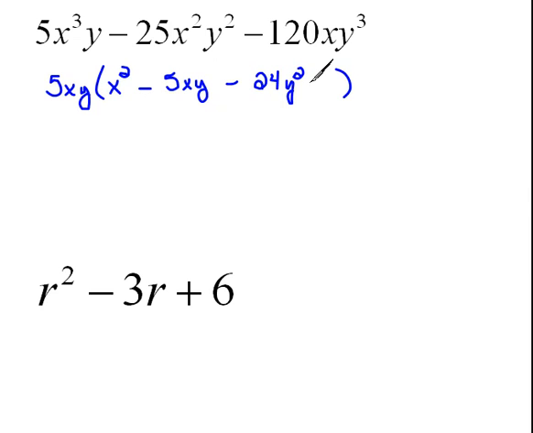Now, even though this looks weird, let's do the same procedure, focusing on the procedure, even though it doesn't look exactly like the others have looked. Focus on the procedure. We took out the GCF. Now we have 3 terms, so let's do trial and error. x times x is x squared.